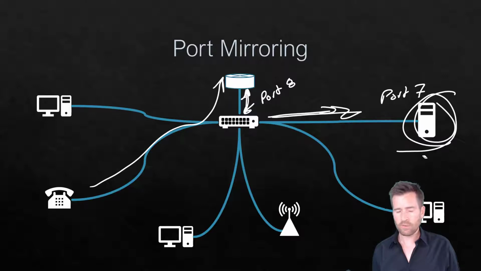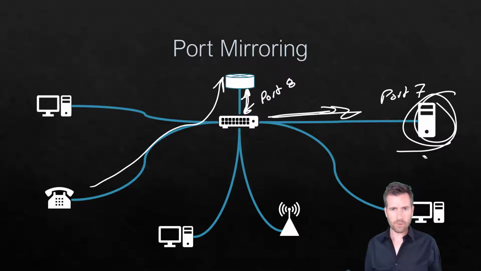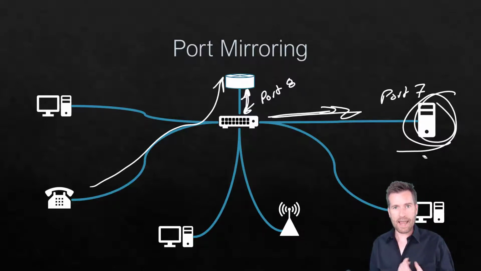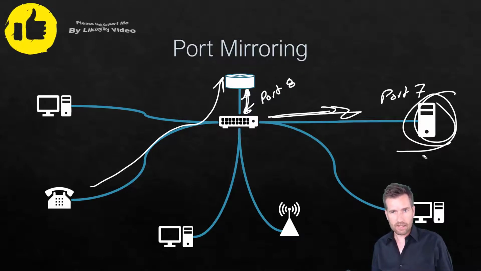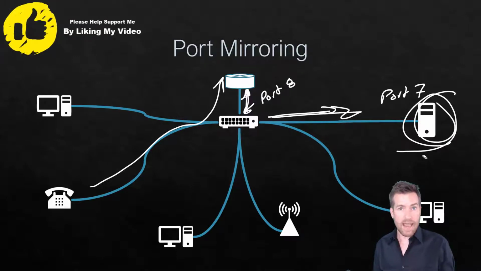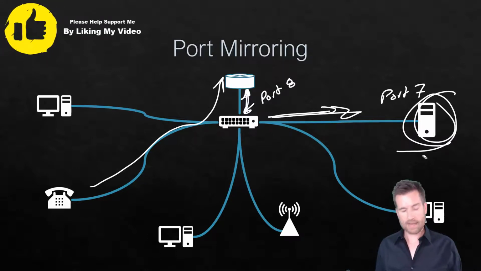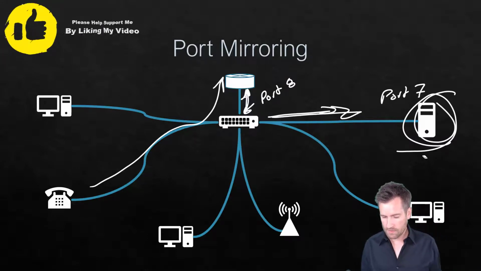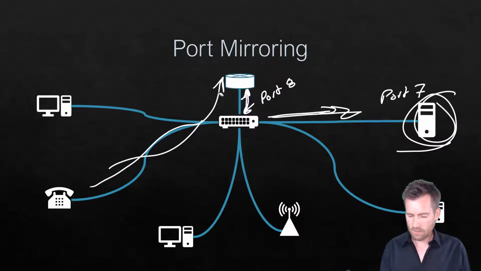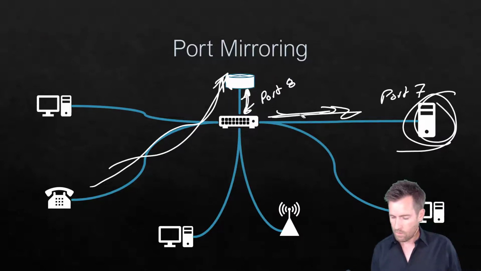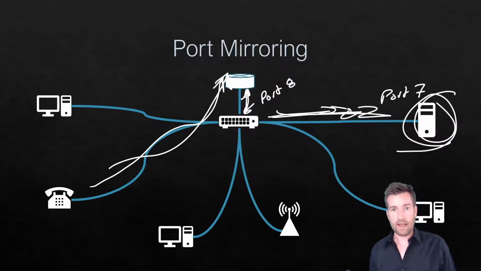And then this server right here might have special software that takes that traffic and analyzes it and starts looking for any kind of behavior that wouldn't be acceptable on the network. So one example of this is I used to work in schools, and any of the traffic that was going out to the internet would also be sent to a server that would take a look at what sites the students were going to.